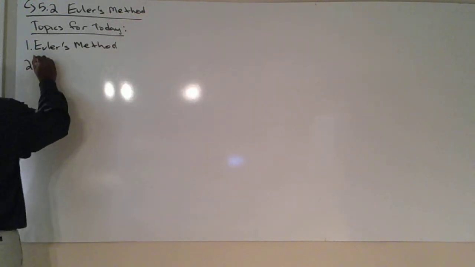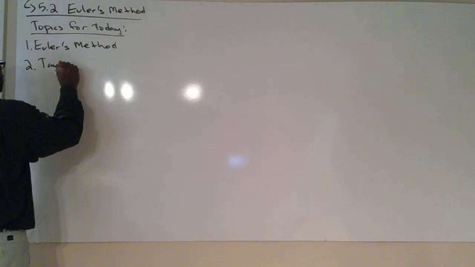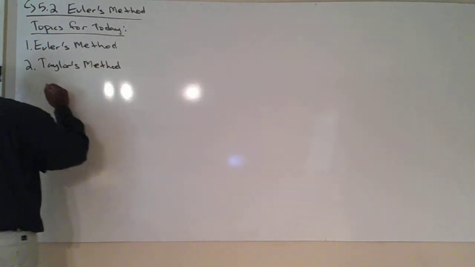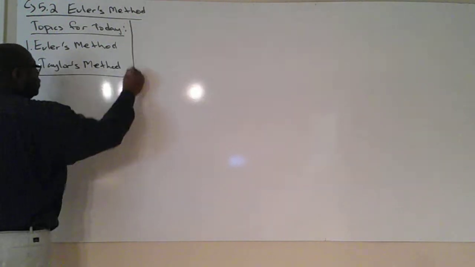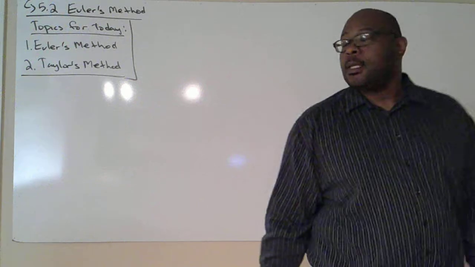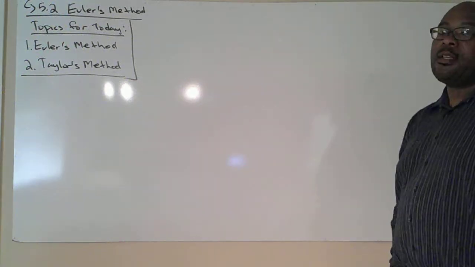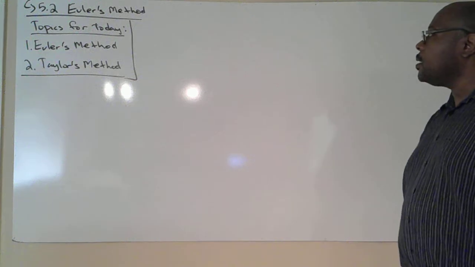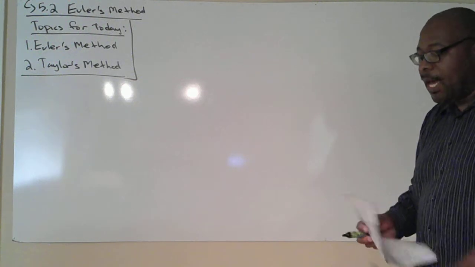The second is going to be Taylor's method, which is kind of the extension of Euler's method. So we have Euler's method, and then we'll talk about some error analysis for that, and then Taylor's method.